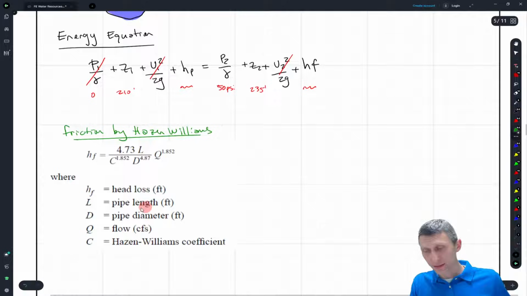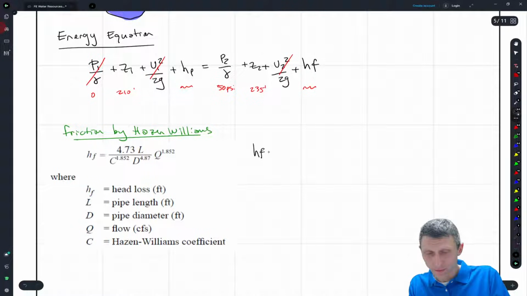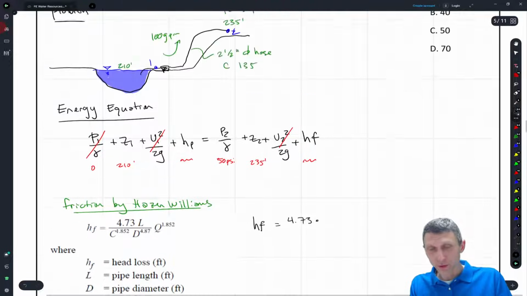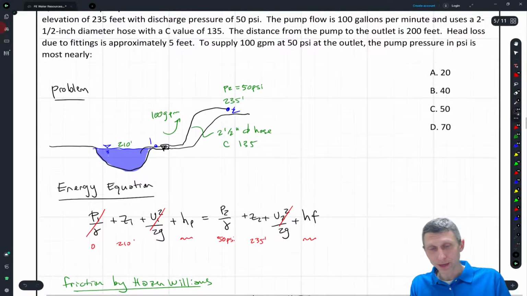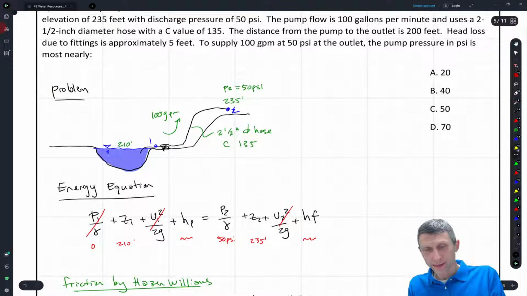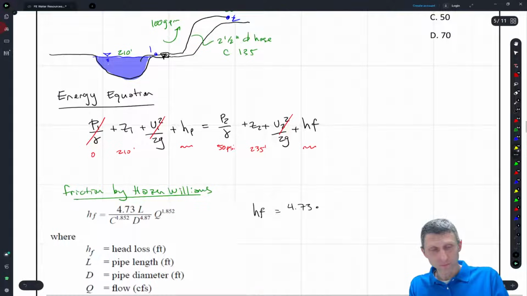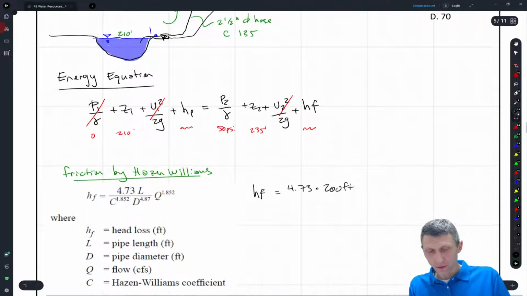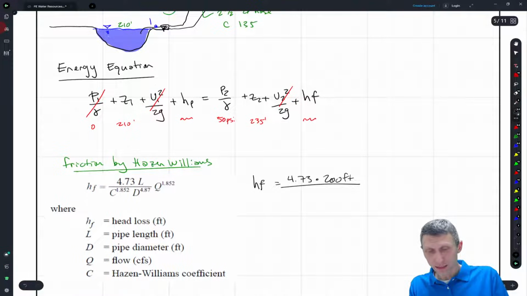We're going to find this head here, and we're going to say that the friction head is going to equal 4.73 times L. We're told, I think, in the problem statement that we have a hose of 200 feet. Okay, so that's good. So times L, 200 feet, divided by C. Our C was 135 to the 1.852.